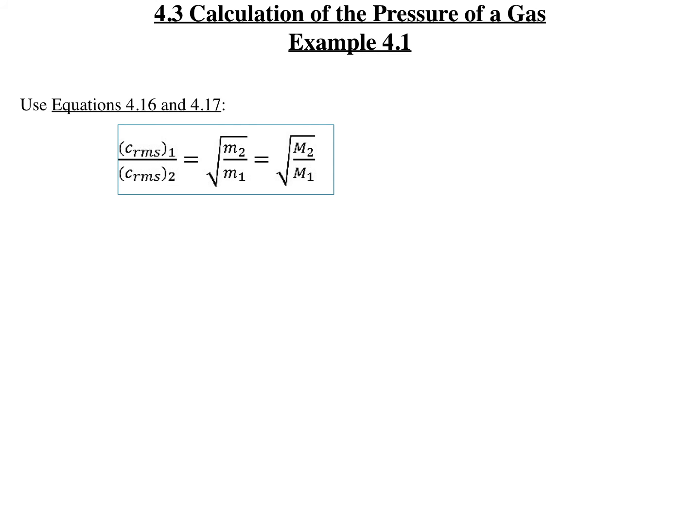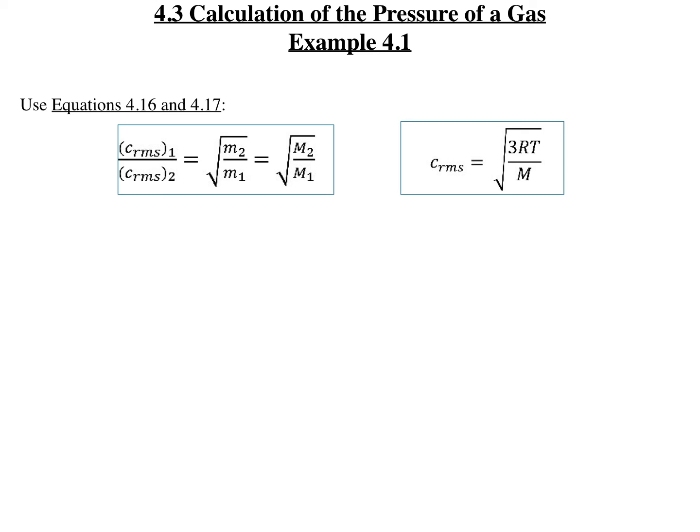So the next example is 4.1. Using equations 4.16 and 4.17, we can write these two. What are these? First, look at the right side. The root mean square speed of an ideal gas is equal to the square root of 3RT over M, where M is the molar mass.